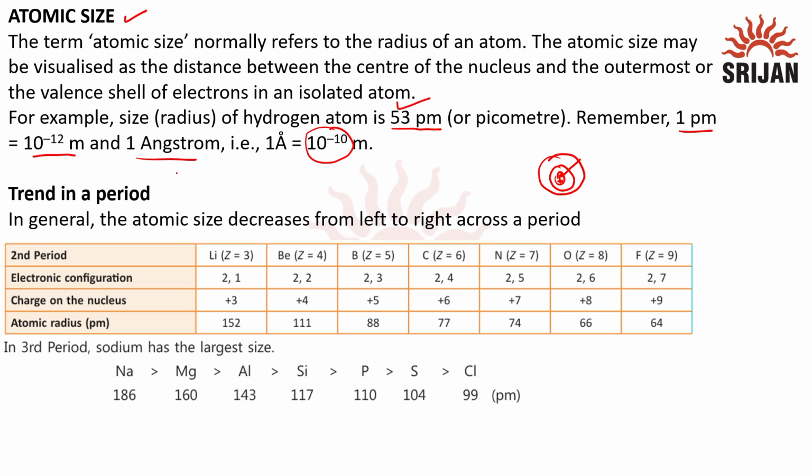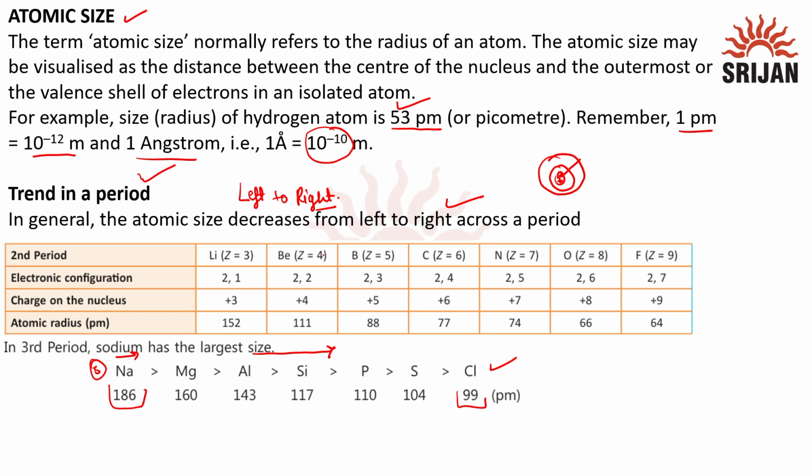Now talking about the change in the atomic size along a period, that is from left to right, right? In general the atomic size decreases from left to right across a period. So here we can see, if we talk about a period, like the third period, the atomic radius throughout the period decreases from 186 picometers in sodium to 99 picometers in chlorine.